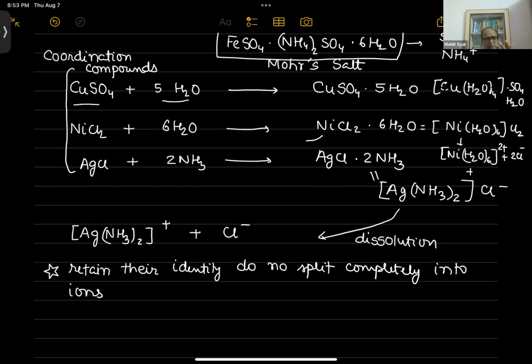So the part which is in the square bracket is still intact. That is not separated completely into ions.